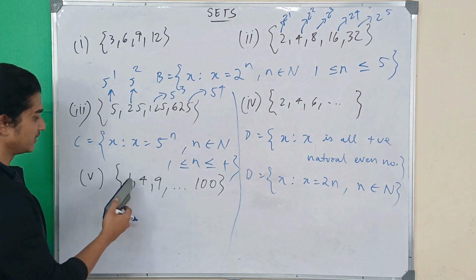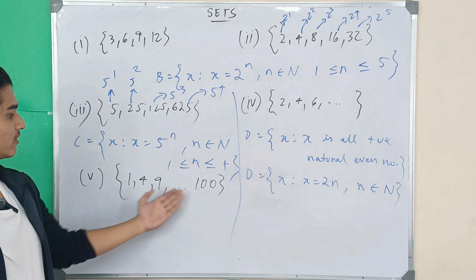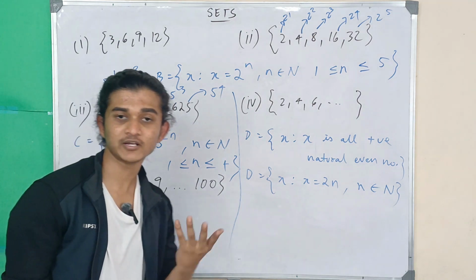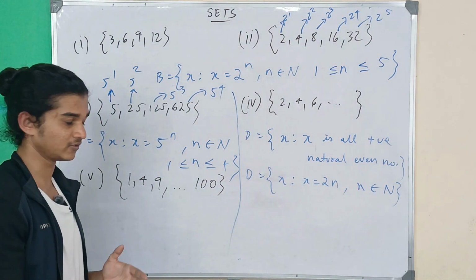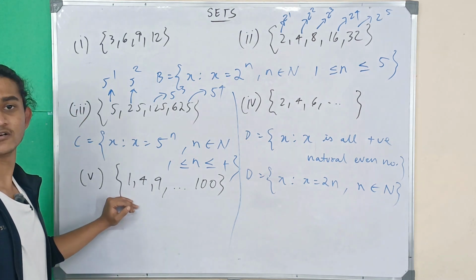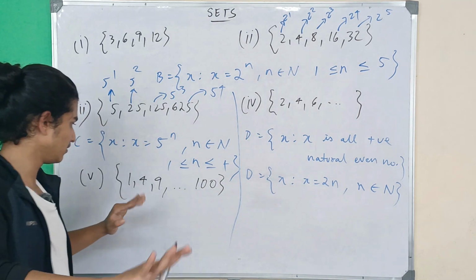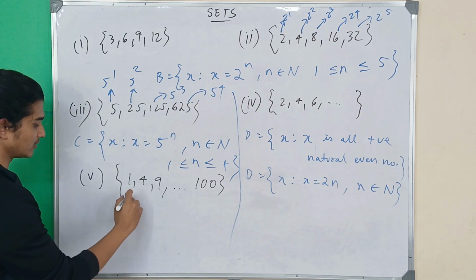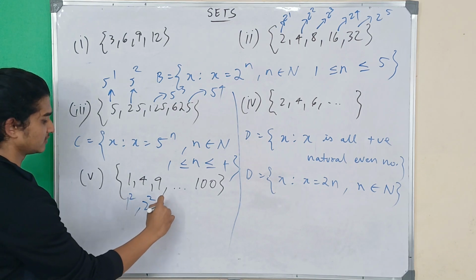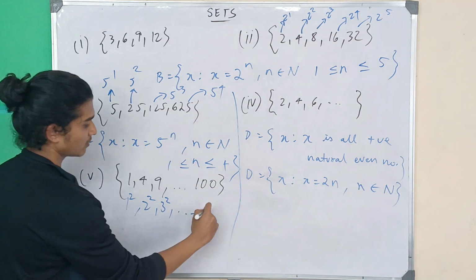So the next one is 1, 4, 9 all the way up to 100. If you see this suddenly, you might not get the idea of what pattern is there. As you solve, you're going to get the idea. But in the beginning, if you are feeling confused, it's perfectly normal, no problem. Let me try to explain this. These are actually the perfect squares. This is 1 square, 2 square, 3 square, and so on till 10 square.